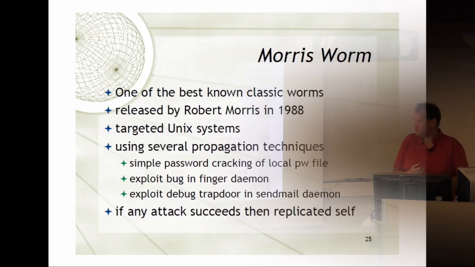And again, it was a trapdoor in that system that it found, that made it possible to get into sendmail. So it wasn't actually using the SMTP protocol, but a trapdoor in the sendmail program to get in. So whenever it got into a new system, it tried these three different techniques in order to continue to find other systems.